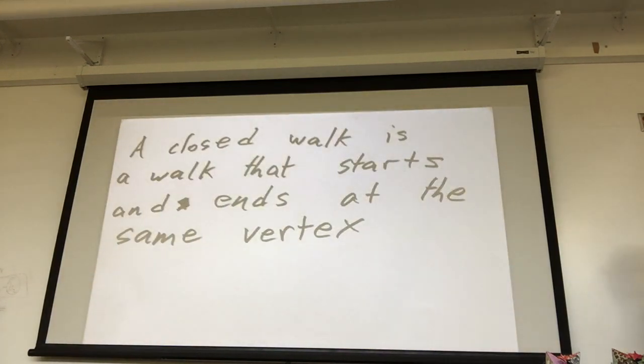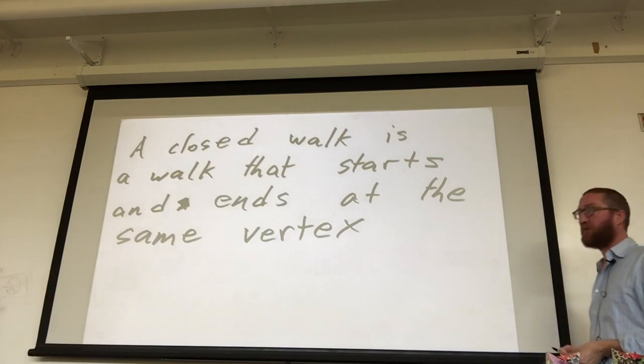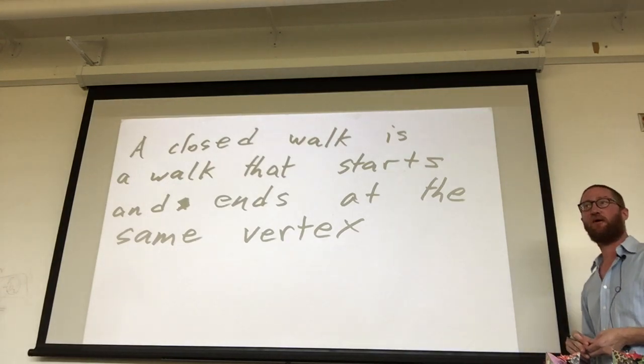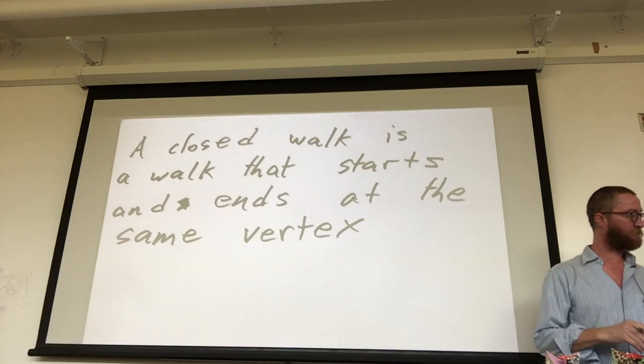So if you have a closed walk, whenever you're walking around your graph, if you get back to where you started at the very beginning of your walk, that's closed. Okay?